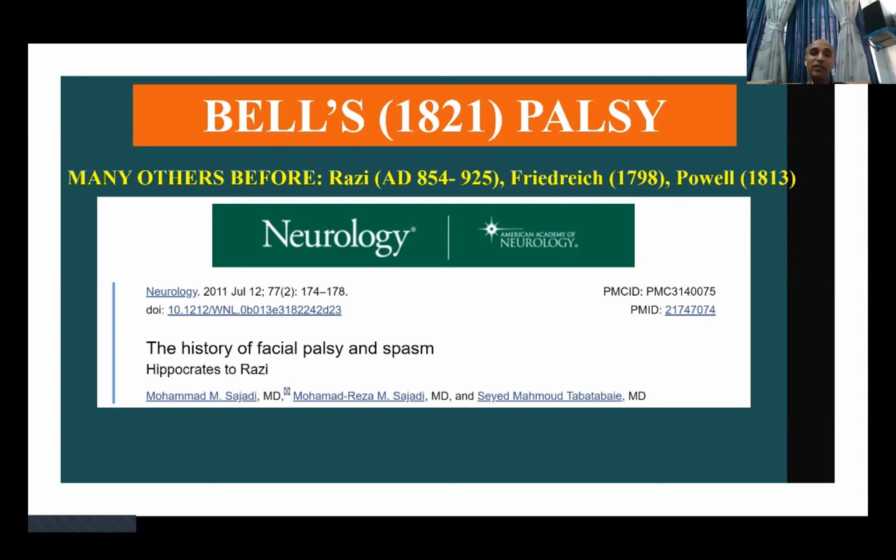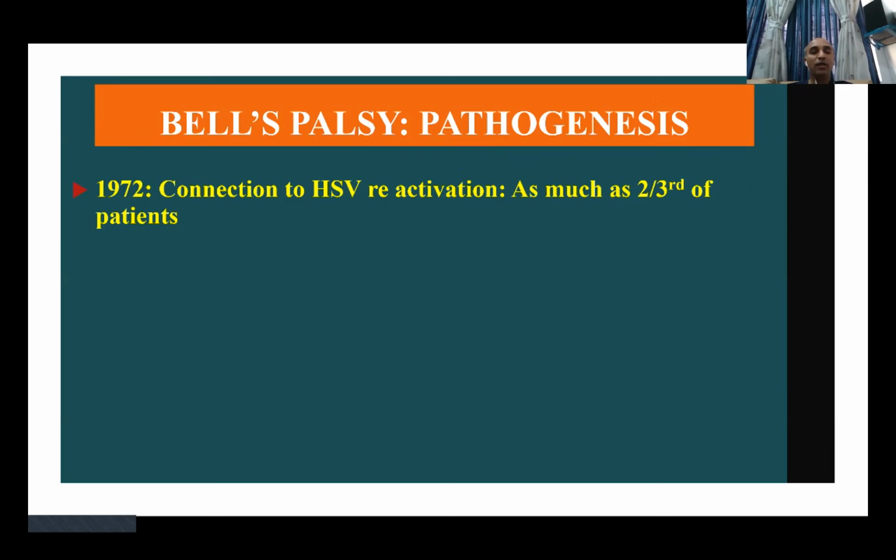So he actually made a distinction between supranuclear and infranuclear palsy. Nicolaus Friedreich described that in 1798. Powell described it way back in 1813, but it was Sir Charles Bell who actually published his paper. So it is very important to remove those cases from your attic and publish them before they are named after someone else. So we'll go on to some brief etiopathogenesis of Bell's palsy.